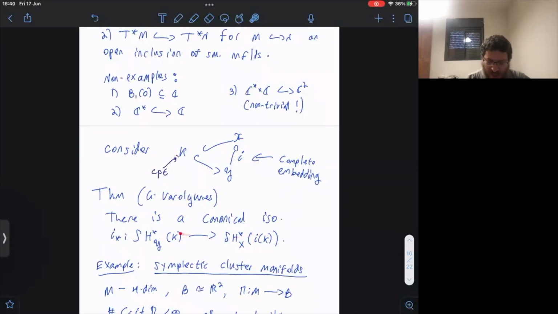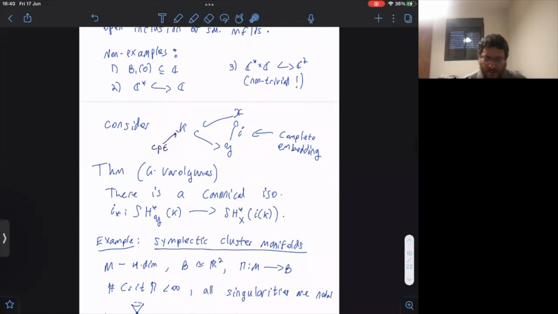Then in that case, we have the theorem by Varolgunes and myself that there is a canonical isomorphism between the relative symplectic cohomology relative to K of the included space and of the ambient space.